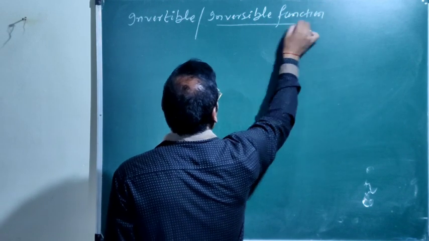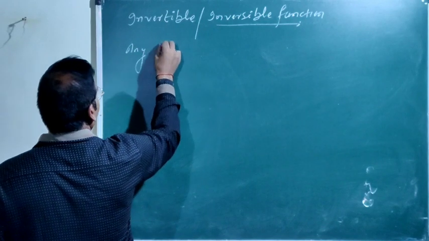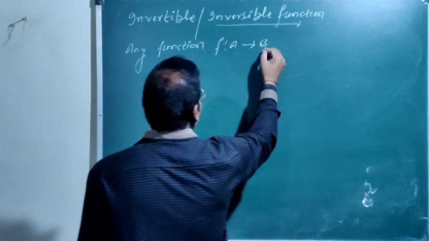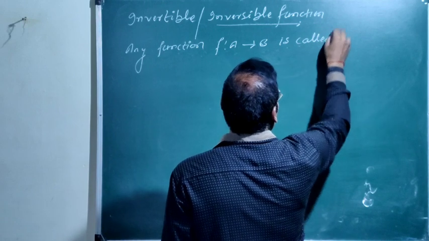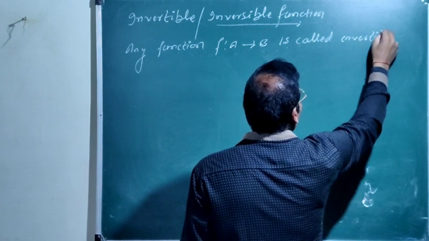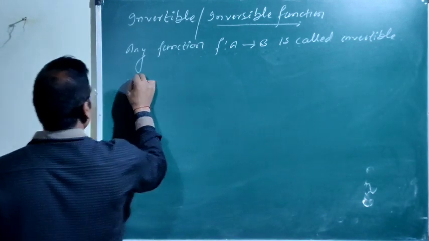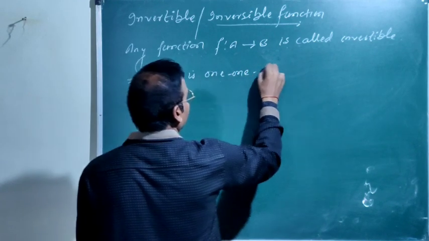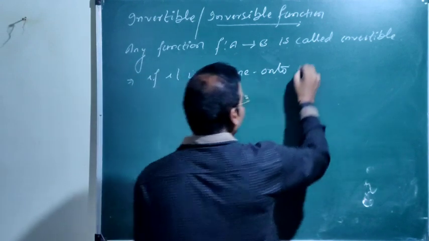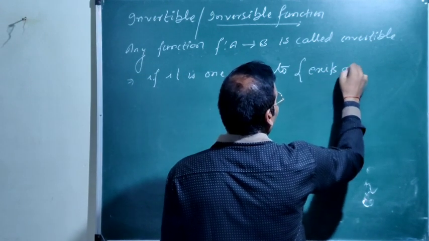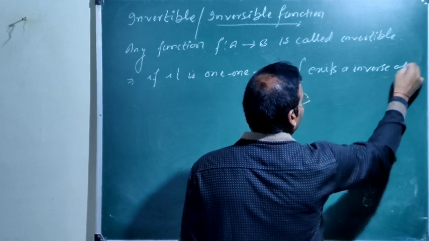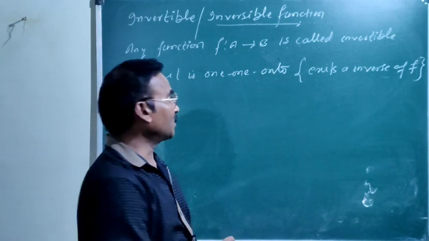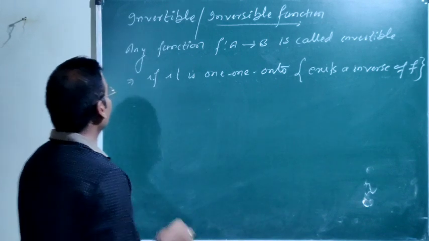Any function f from a to b is called invertible if it is one-one onto. One-one onto means there exists an inverse function, and the necessary condition for a function to have an inverse is that it must be one-one onto, meaning bijective. Okay, so this is an invertible function.